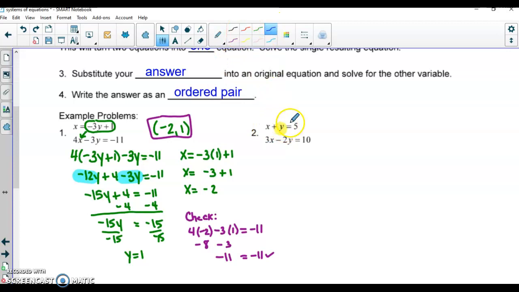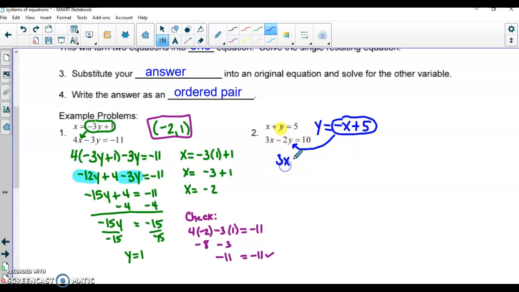So I'm going to take my top equation and I'm going to solve for y. So I'm going to have to subtract x over. So I'm going to have y equals negative x plus 5. Now I can follow my process. I'm going to take my expression for y and substitute it into my second equation in place of y.